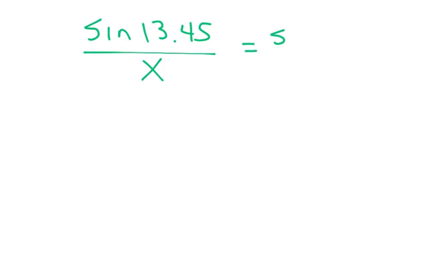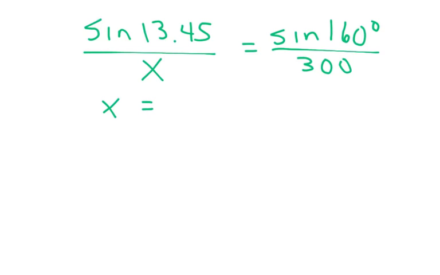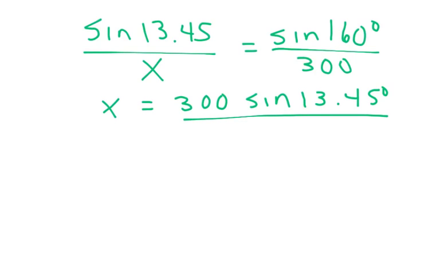Equals sine of 160 over 300. So X equals 300 sine of 13.45 degrees over sine of 160, which is approximately 204.07 miles.